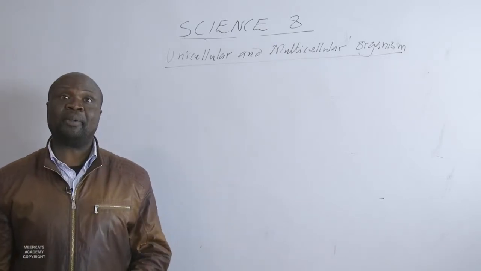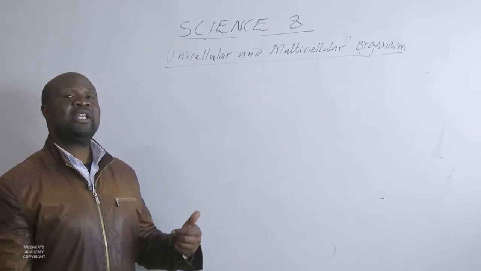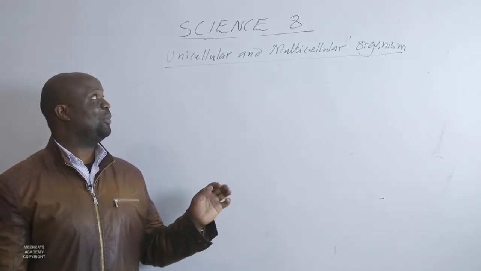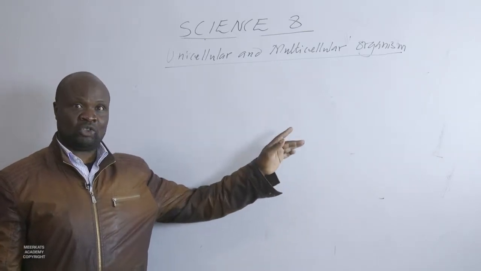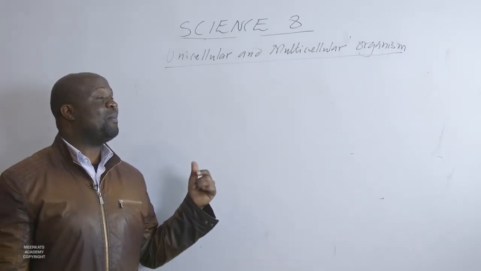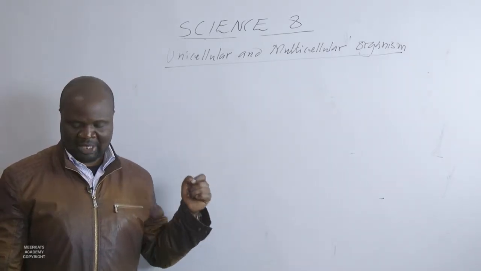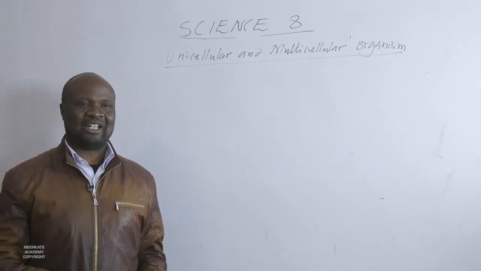Many microscopic organisms are single-celled. With the plants and animals, you have said they are multicellular organisms. But now we are saying many microscopic organisms are single-celled or unicellular.